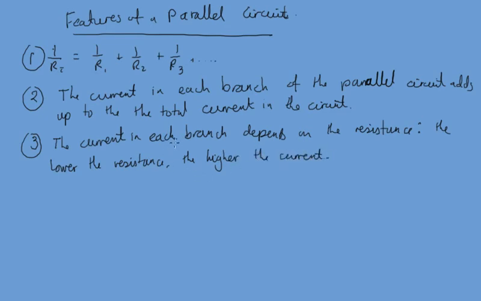Just think of the principle that the current is going to take the route of less resistance. Finally, the potential difference across each branch of the parallel circuit is the same.